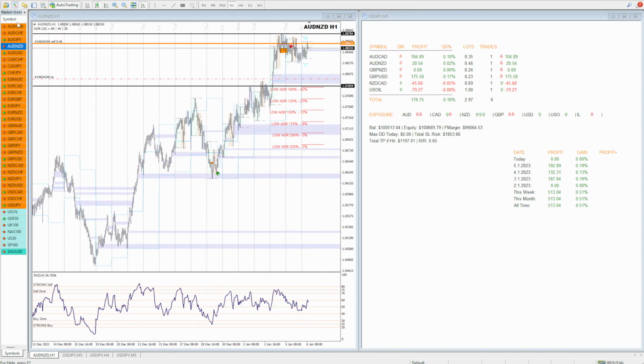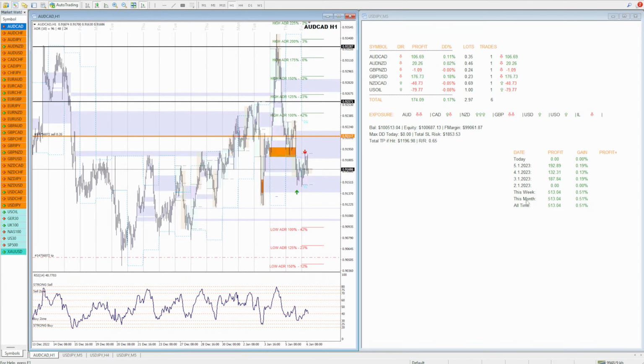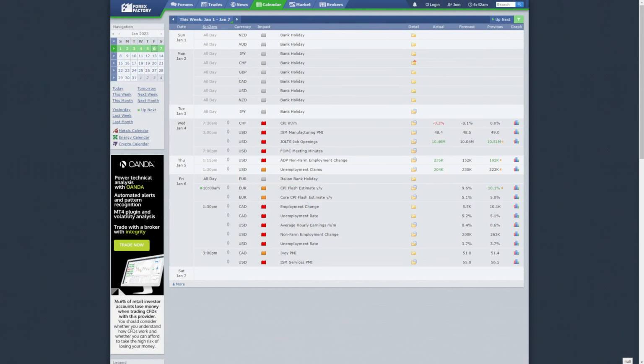And Aussie CAD, it's in profit, it's just not really going anywhere. We've got a lovely big propulsion gap holding here. So basically we've got the battle of the buyers and the sellers from these propulsion gaps. One of those is going to win today. Hopefully it's my guys. See what happens. But that's me, and that's news.